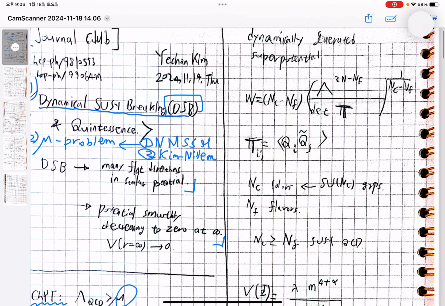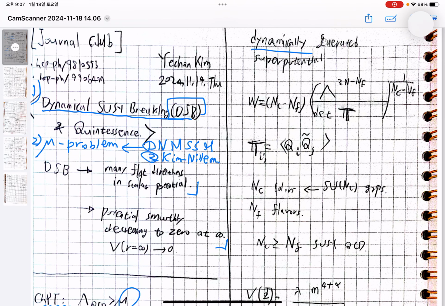So in dynamical supersymmetry breaking, there are some superpotentials in terms of the number of flavors and the number of colors.